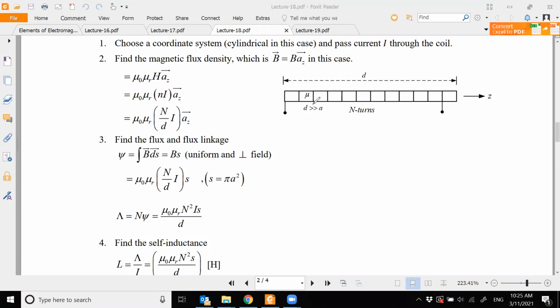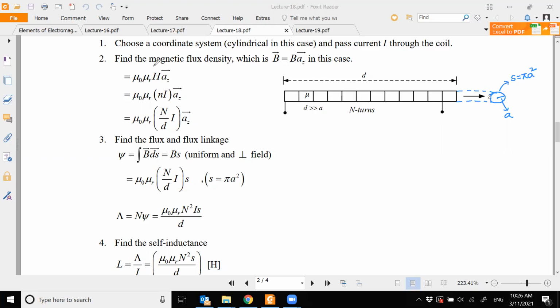So this is my solenoid, and please excuse the drawing, but its cross section is circular. The radius is A, and the area of this cross section is S, which is equal to pi A squared. And on that cross section core, we are winding the wire.